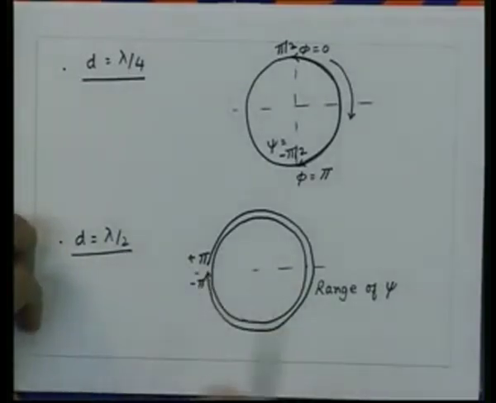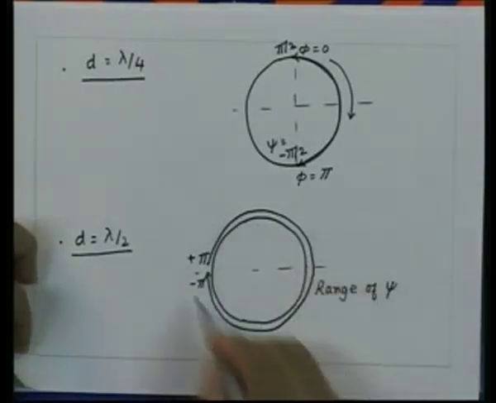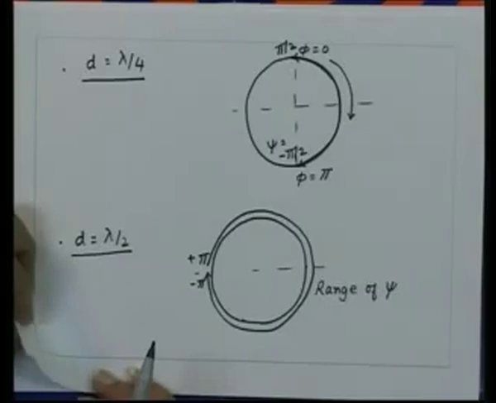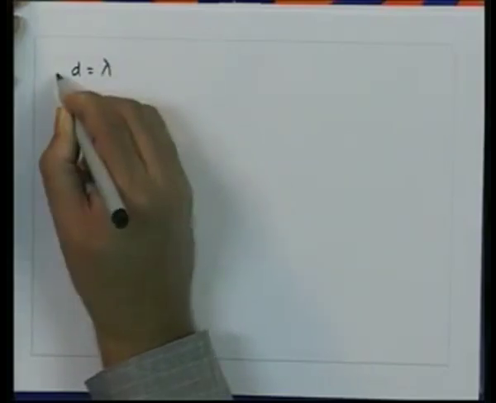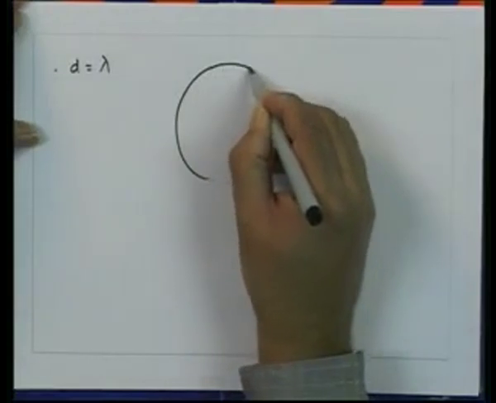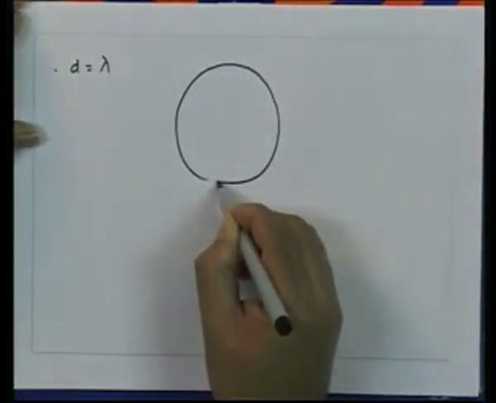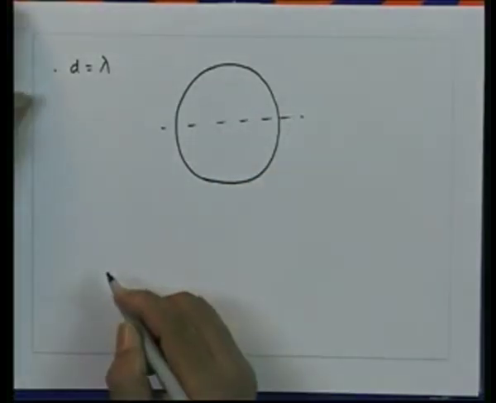If I increase d beyond lambda by 2, then obviously the range of psi will overlap with itself, and as we saw in the case when d is equal to lambda, the range goes from 2 pi to minus 2 pi.